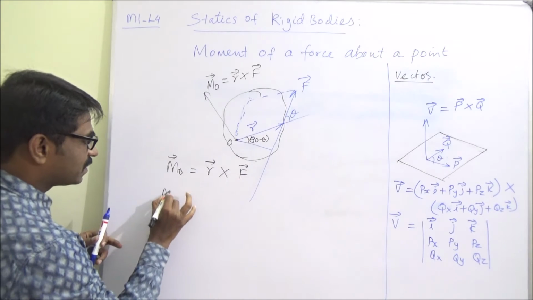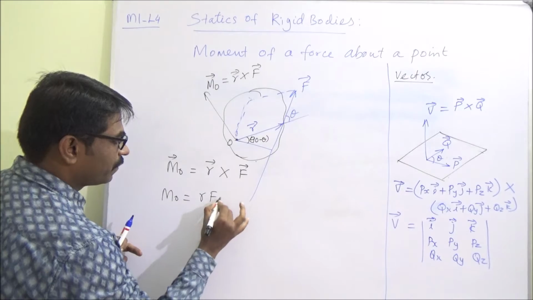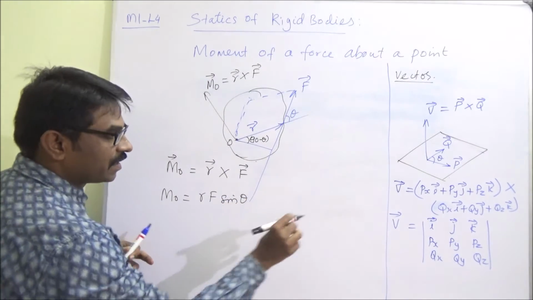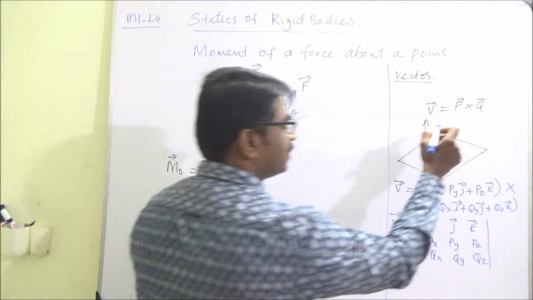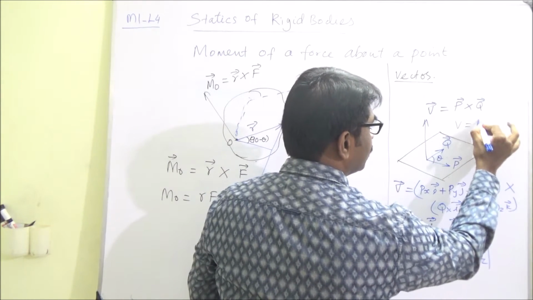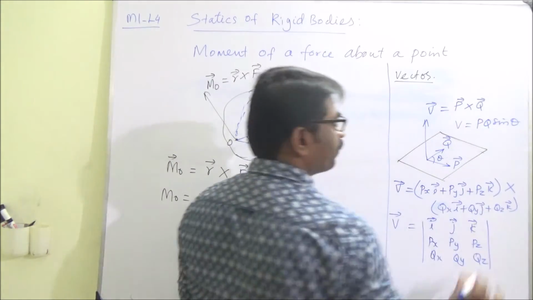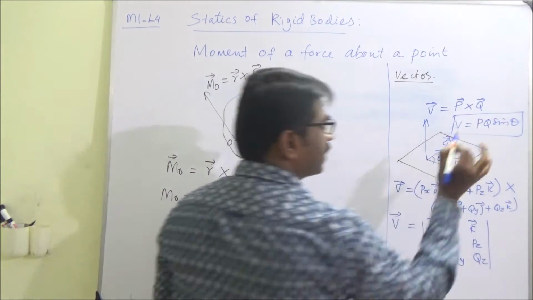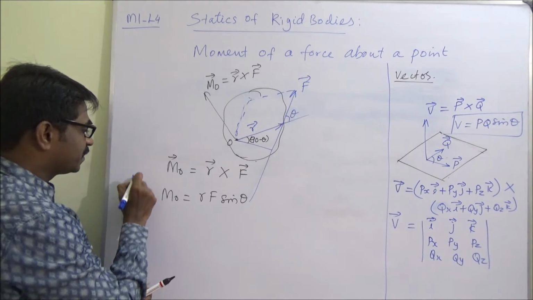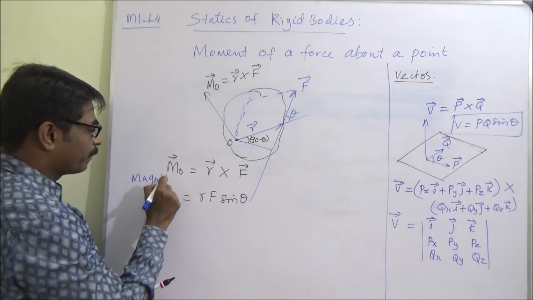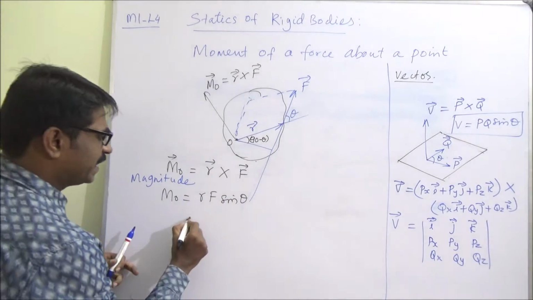So we will get R sin theta as the perpendicular distance. So what is this? R F sin theta. Here the magnitude, what you have already learned, the magnitude is P Q sin theta. So the moment magnitude is R F sin theta.